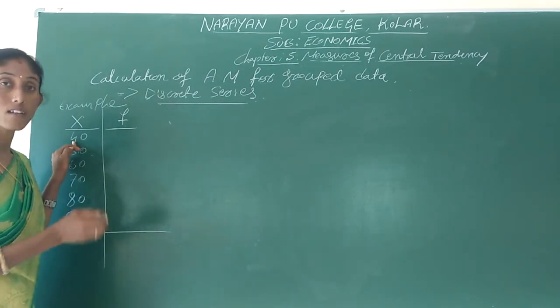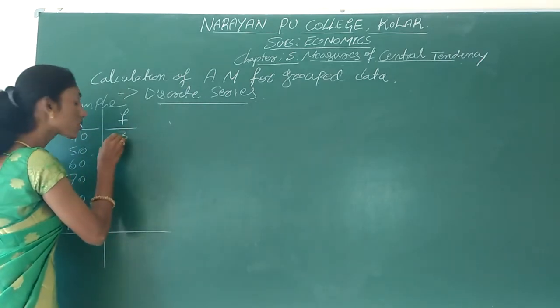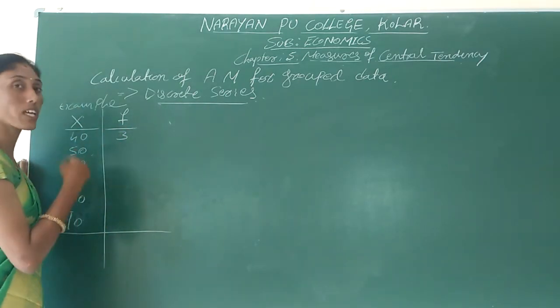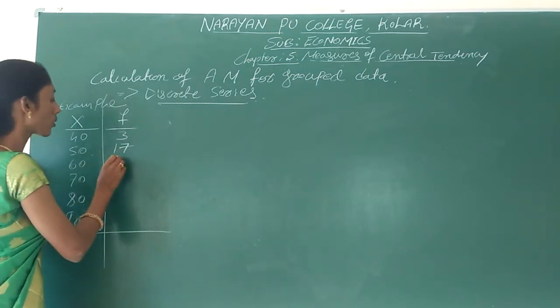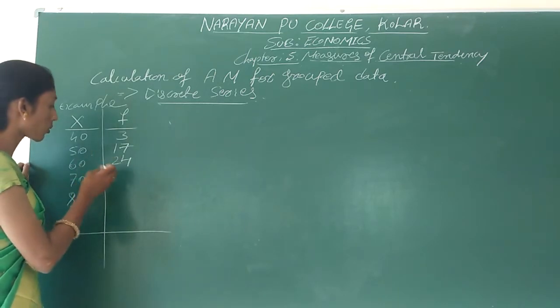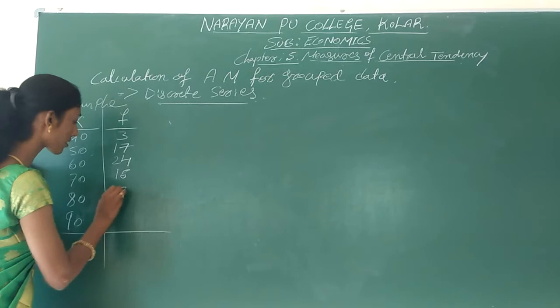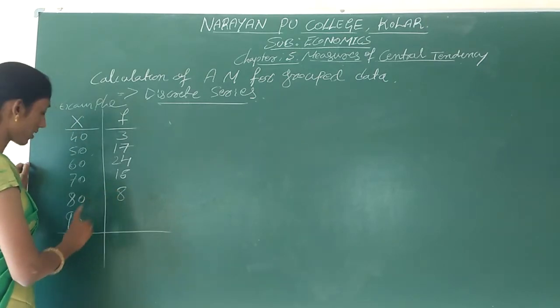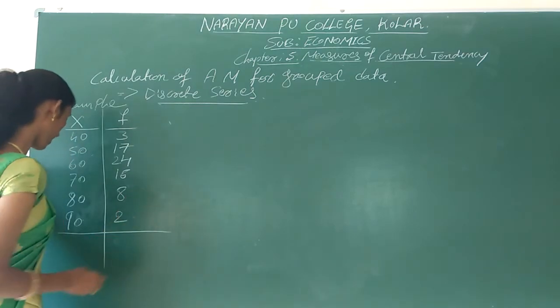Example: the marks 40 were scored by 3 students. Marks 50 were scored by 17 students. 60 by 24 students. 70 marks by 16 students. Next, 80 marks by 8 students. 90 marks by 2 students.